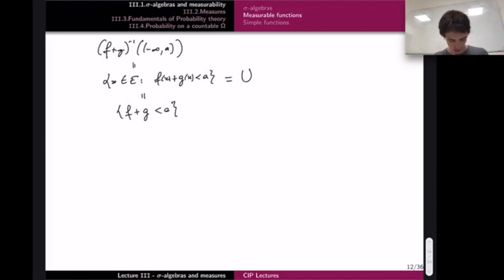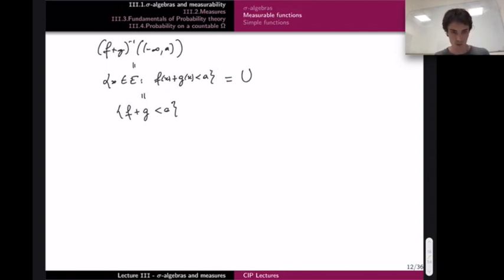So I want to write this as unions and intersections and complements and this kind of operations, but they have to be countable. I want to decompose this set into smaller sets which I know are measurable. And what I know is that f and g separately are measurable.